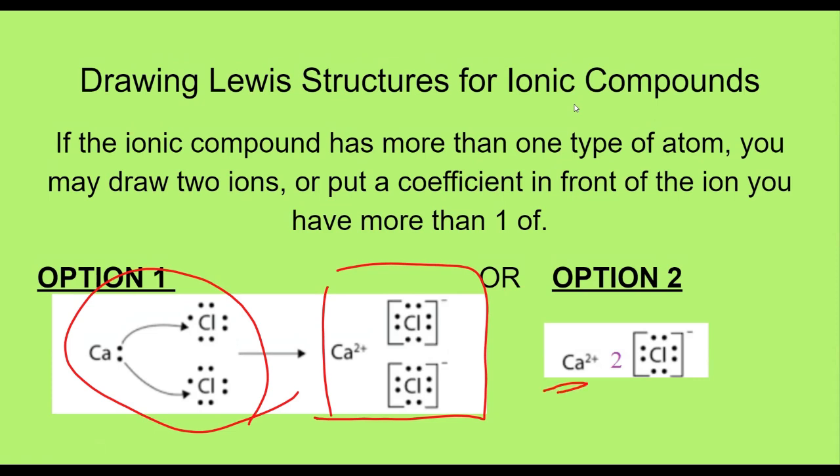You could say this calcium is bonded to 2 chlorines. It's almost like a coefficient. You just put a big 2 in front of it. So you could either draw 2, or you could say, there's 2 here, but I'm not going to draw them. So there's kind of like a slightly lazier way to do this if you want to do it that way.